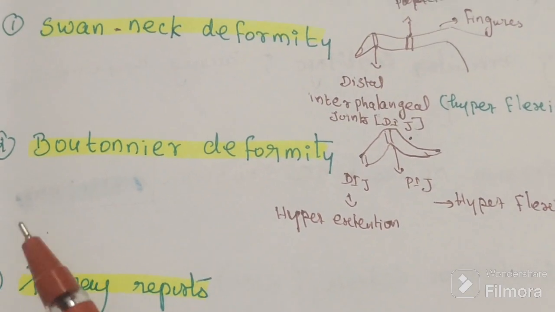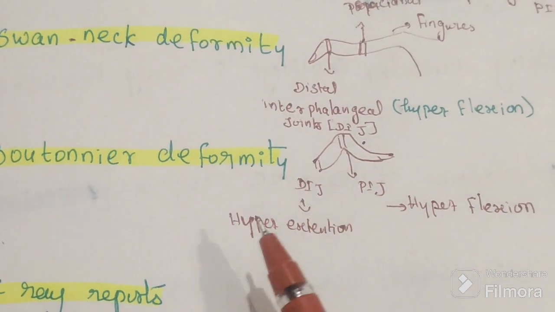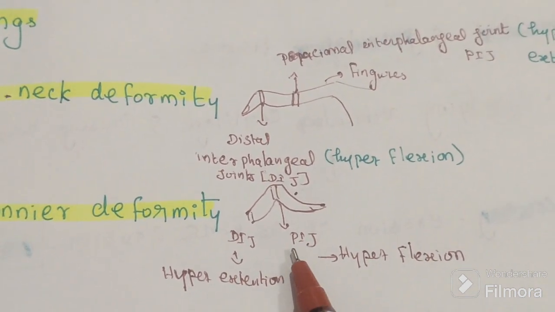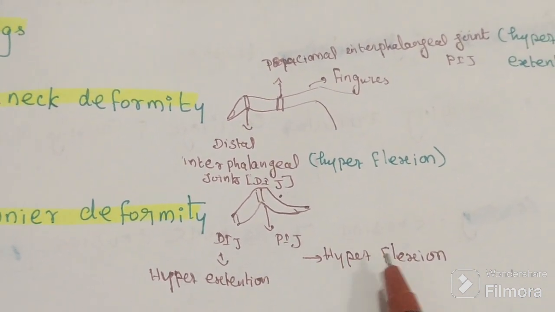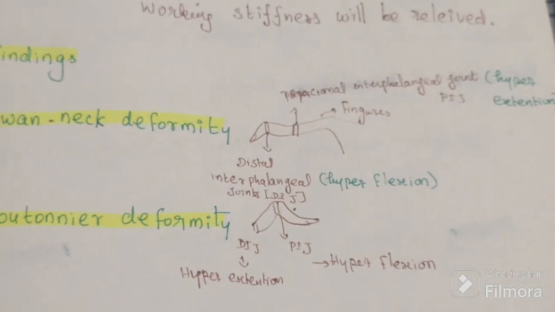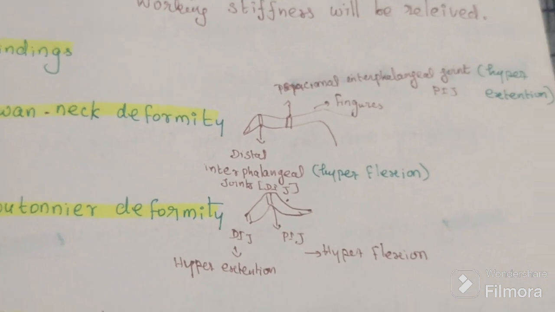Second, in Boutonniere deformity, the DIP has hyperextension and the PIP has hyperflexion. These are the main differences between swan neck deformity and Boutonniere deformity.